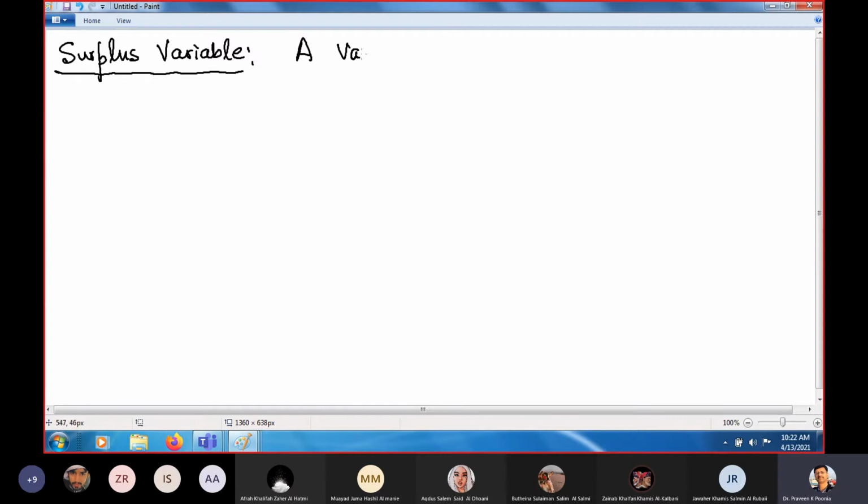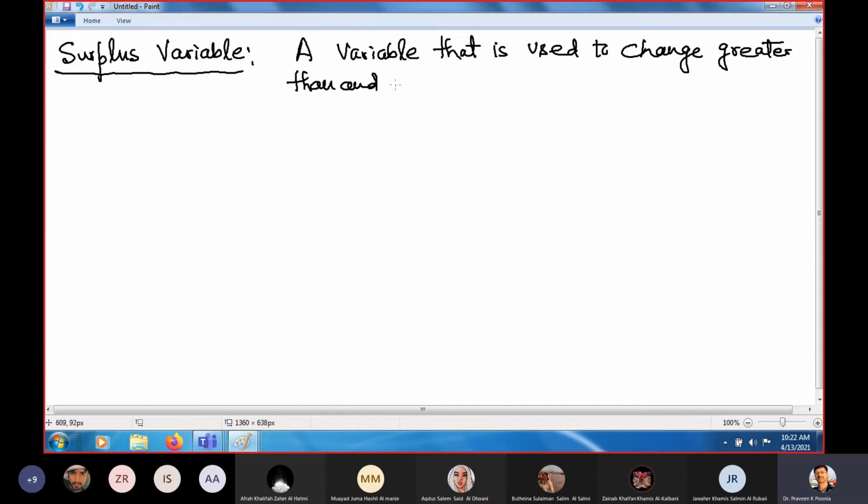A variable that is used to change greater than and equal to, this sign, into equal, by, in the previous we were making plus, here by subtracting.